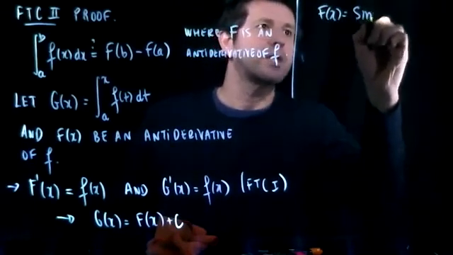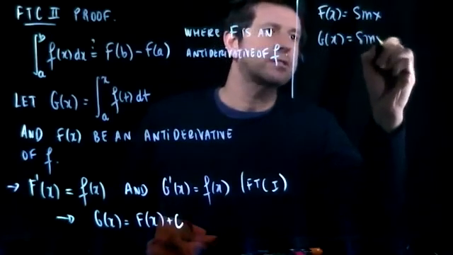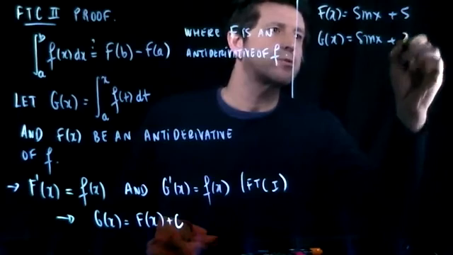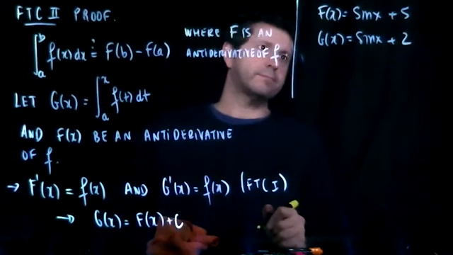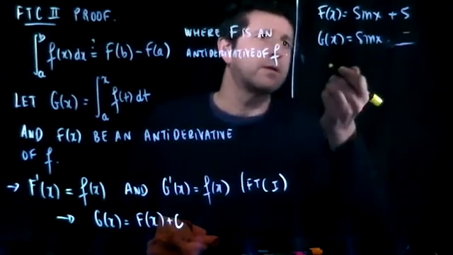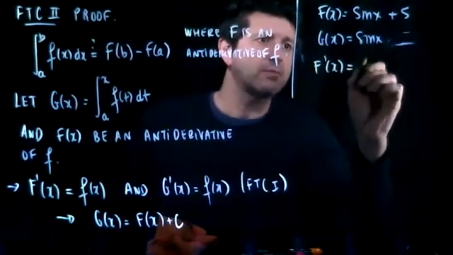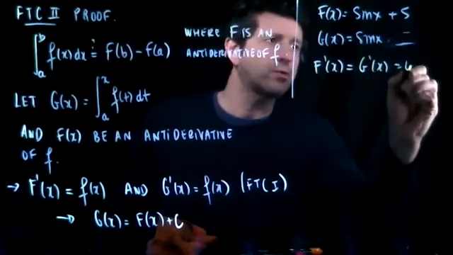So if you do both derivatives, F prime and G prime, they're both equal to cosine.